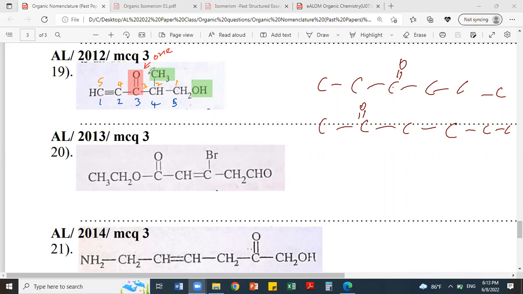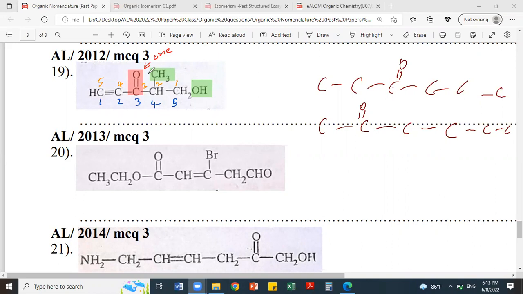When that also leaves more than one option, then you go for the lowest number for the side group, the substituent group. Again, I'm repeating: first give the lowest number for the functional group. When there's more than one possibility, then the double bond or triple bond should get the lowest number. When that also leaves more than one option, then you go for the side group.